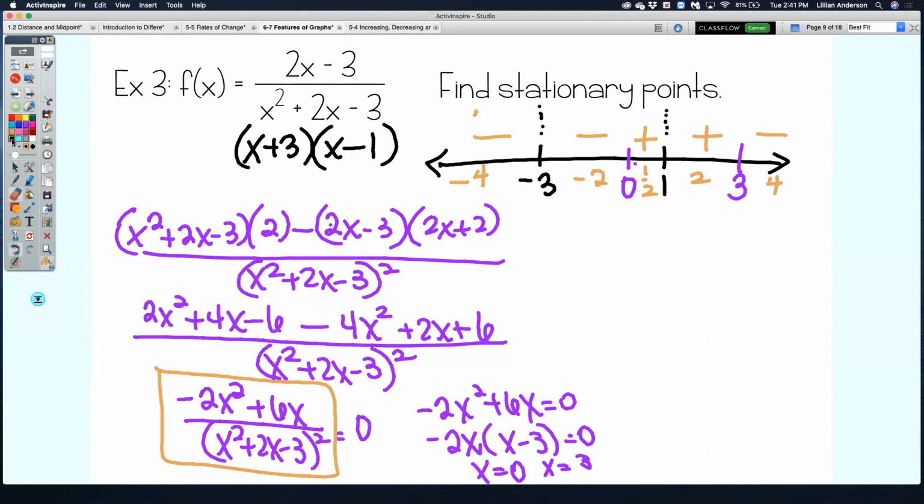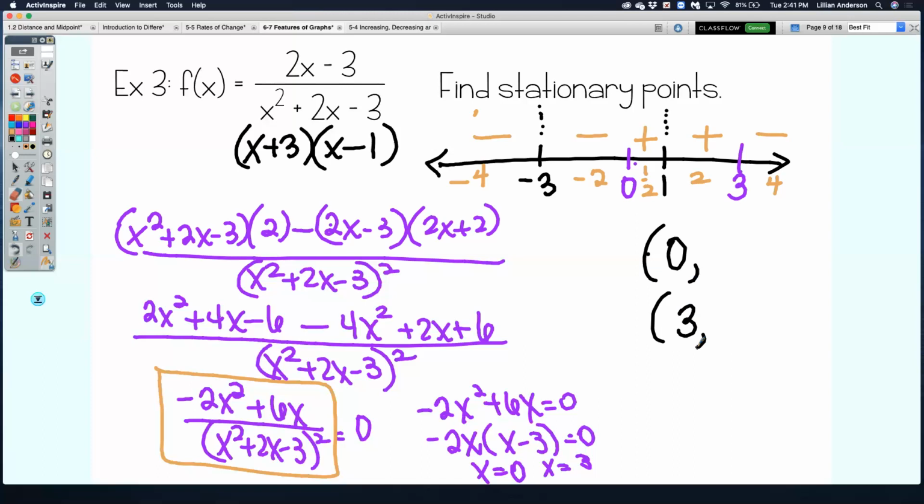It's actually one of my minimums. But at 1, again, I go positive, positive, but there's an asymptote there. At 3, I go positive to negative. What's occurring at 3, a max or a min? A max. So yes, 0 and 3, those are the x values of my stationary points.